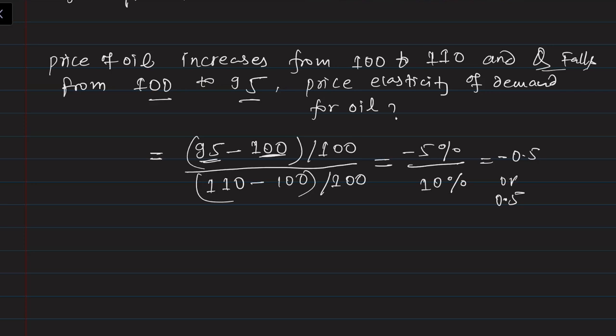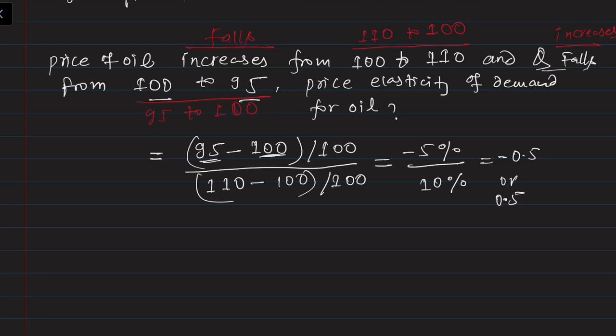Let's say the price of oil falls from 110 to 100, and quantity demanded increases from 95 to 100 trillion barrels. And the question is the same, the price elasticity of demand for oil.